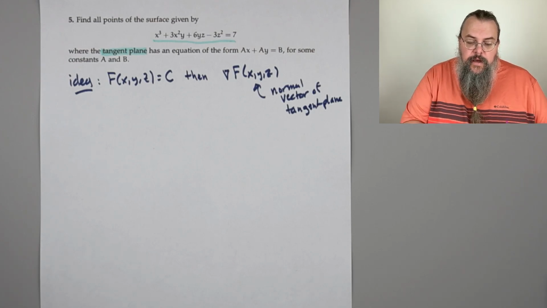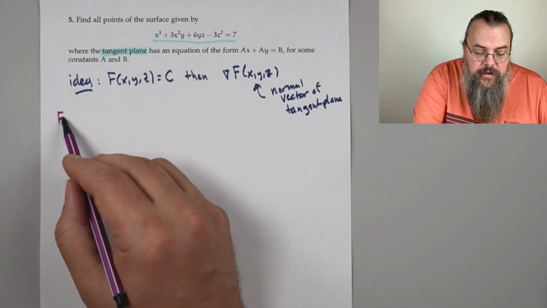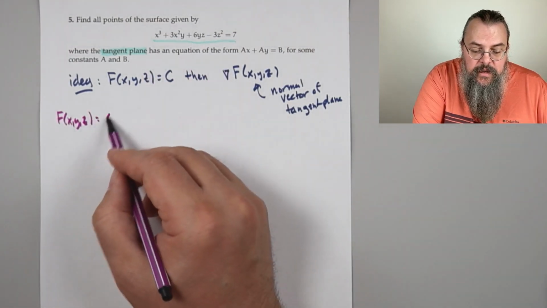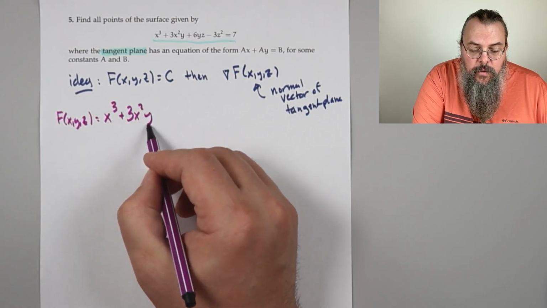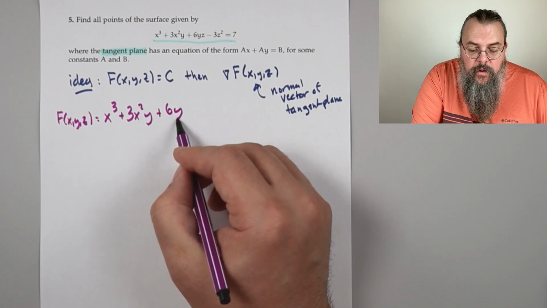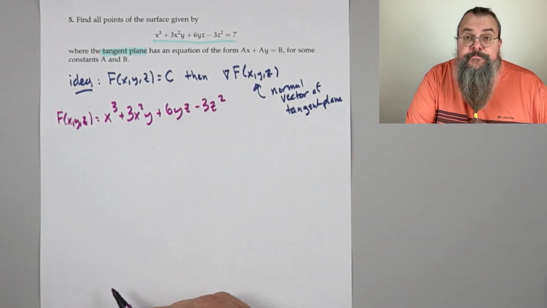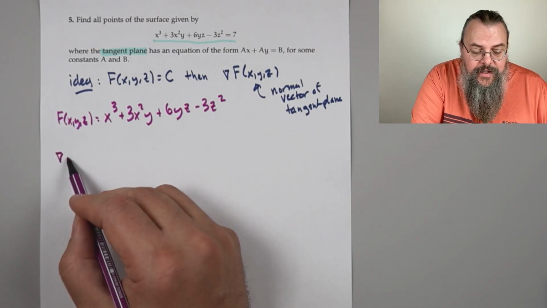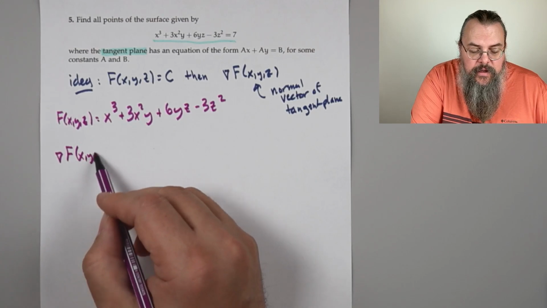So we have the following. You say, okay, our f of x, y, z, we'll go ahead and just copy it down, is x cubed plus 3x squared y plus 6yz, subtract 3z squared. All right, so the gradient of f at x, y, z.